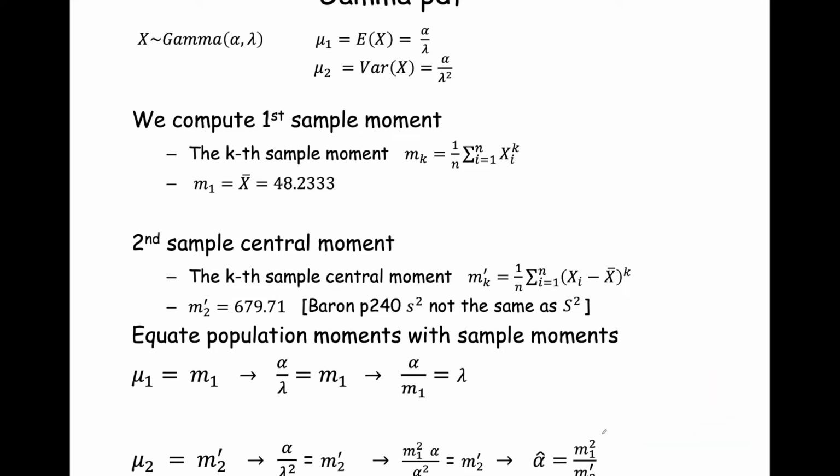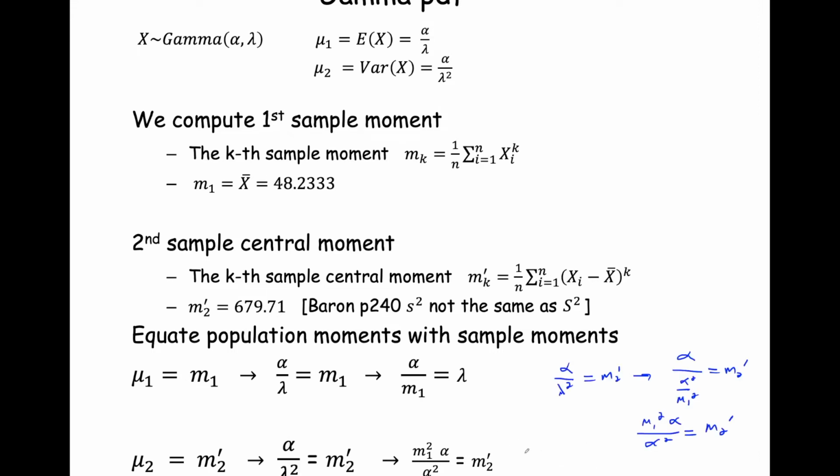All right, so let's see where that comes from. If we take this expression, we get m1 squared, alpha, and the copy of alpha here and alpha here cancels. So we have m1 squared over alpha is equal to m2 prime. So now we can actually solve for alpha.